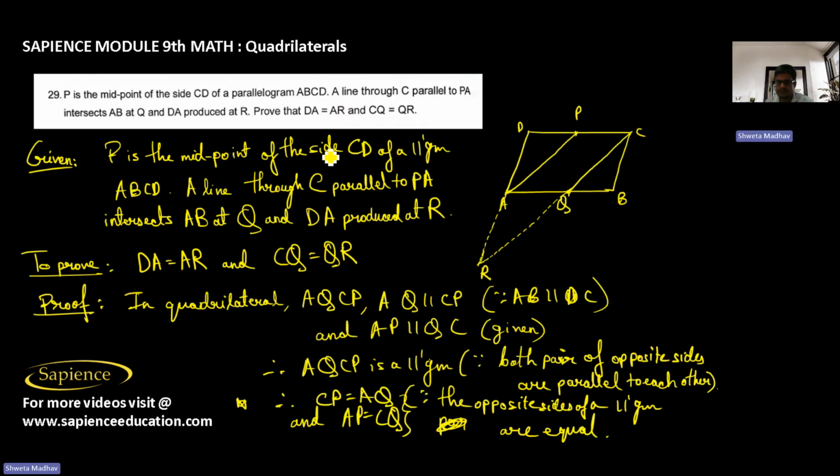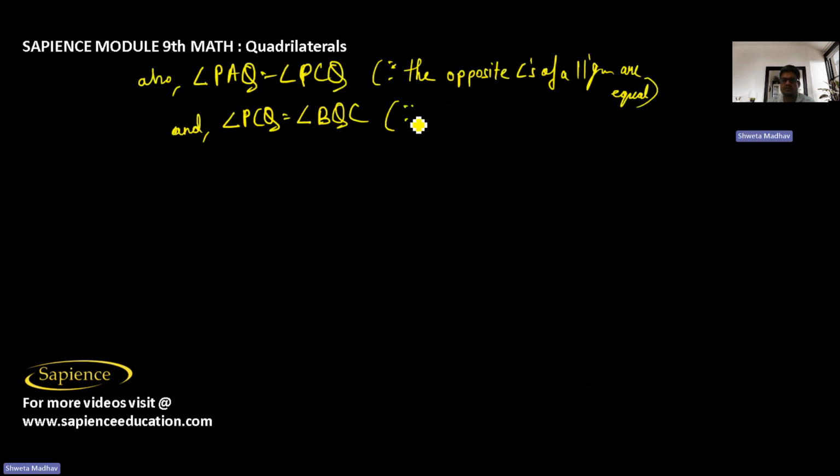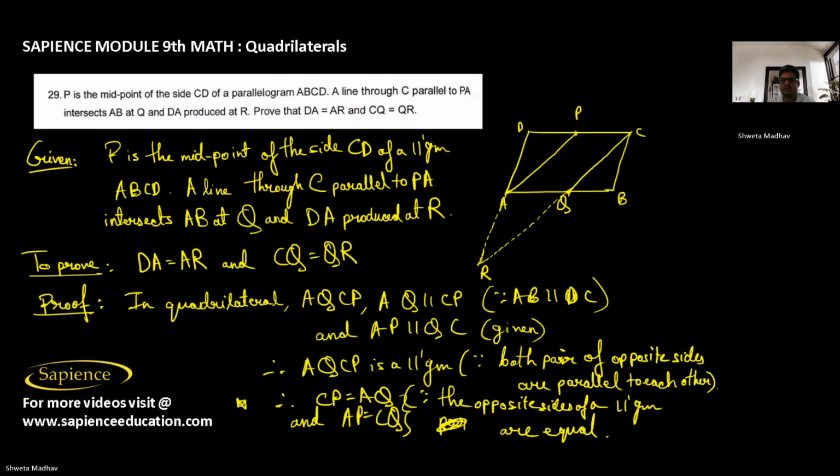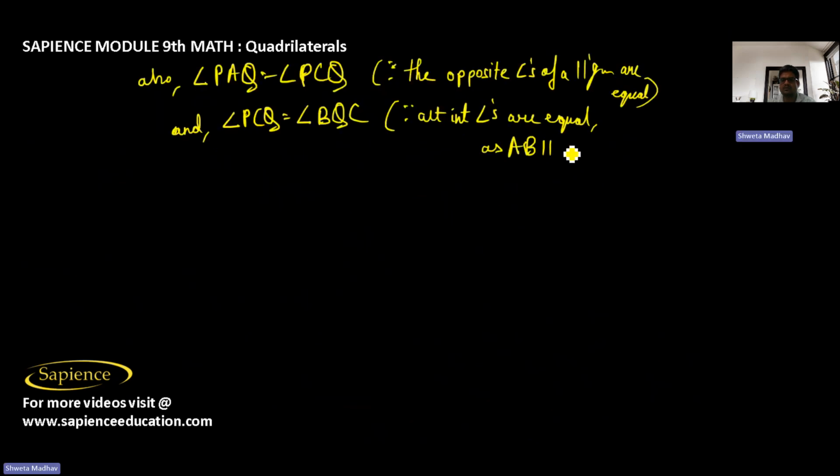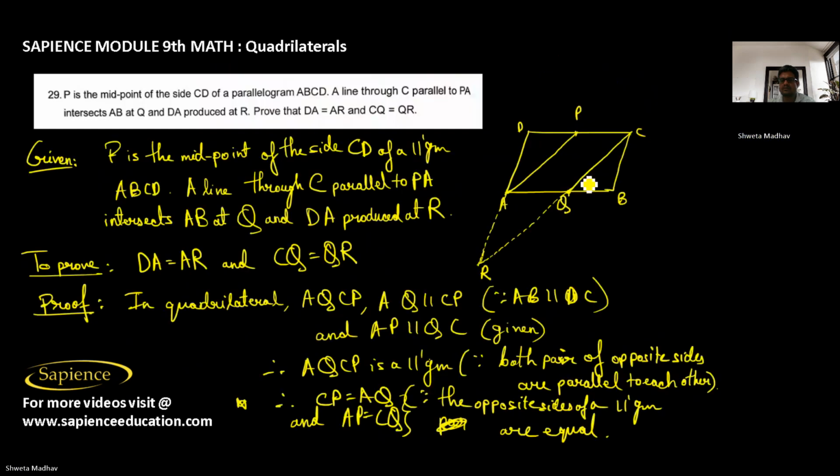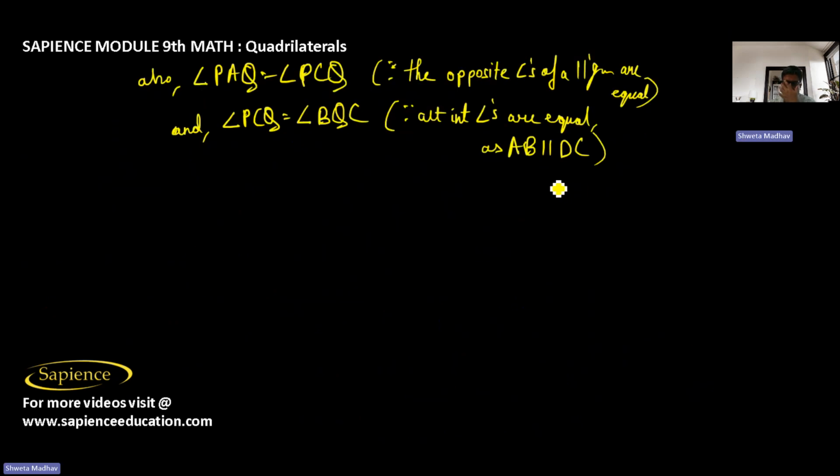Angle BCQ is equal to BQC since alternate interior angles are equal, as AB is parallel to DC and CQ is the transversal.